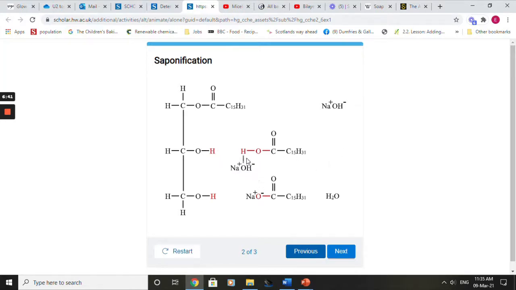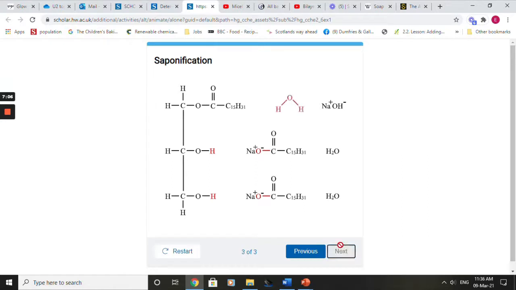When our carboxyl group reacts with the alkali, you can see that a bond is formed between the oxygen of the hydroxide ion and the hydrogen of the carboxyl group. Both electrons that were in the bond between the hydrogen and the oxygen of the carboxyl group get transferred to this oxygen atom, which is what leaves this as then an ion with a negative charge here.